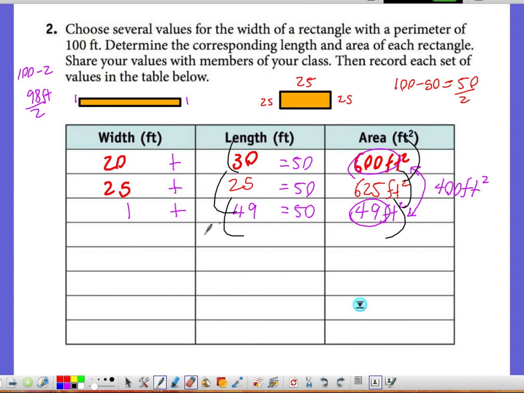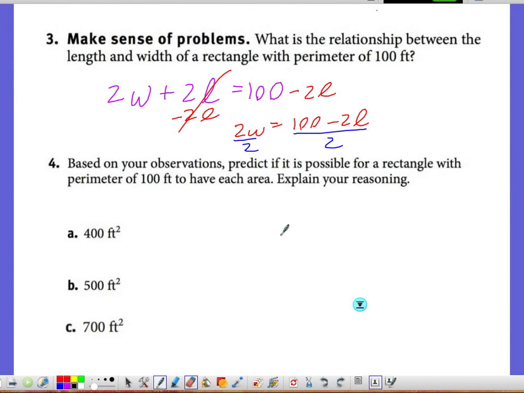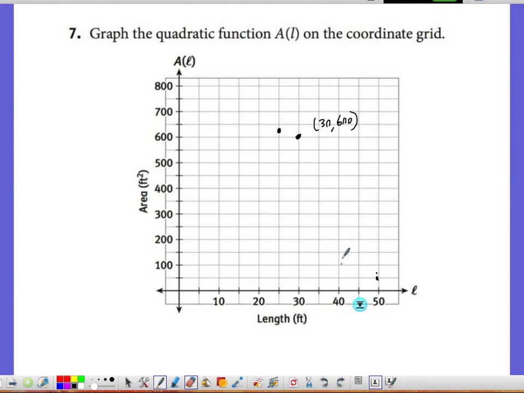And when you start filling these out, you can start using the other values to graph this. If we have a width of 10, my length is going to be 40, which gives me an area of 400. So 40 and 400, there we go.